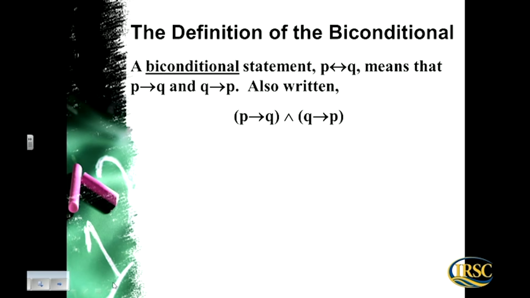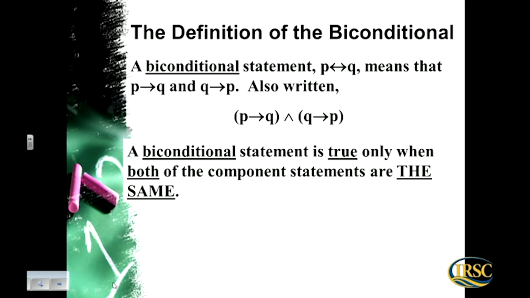And so this would be another way that we could write an if and only if statement. Now we're going to use this to prove what makes an if and only if a true statement.